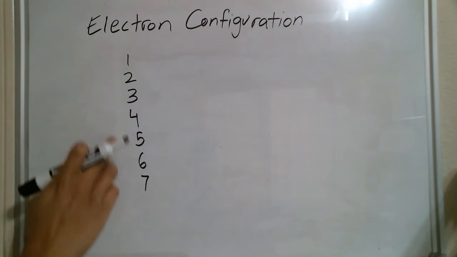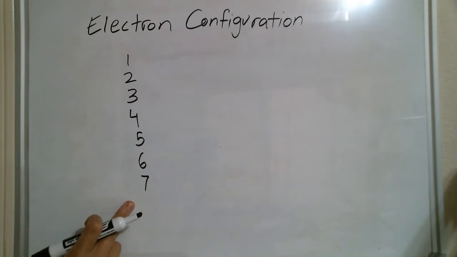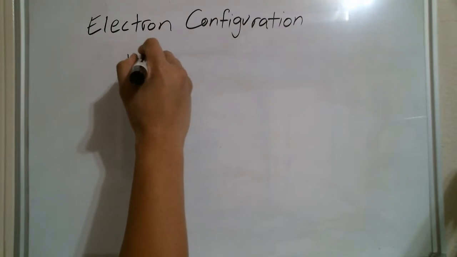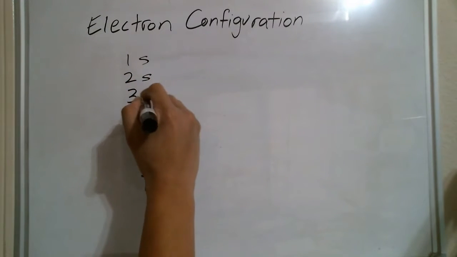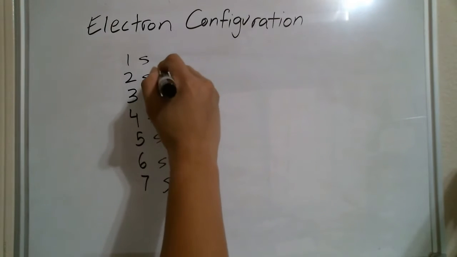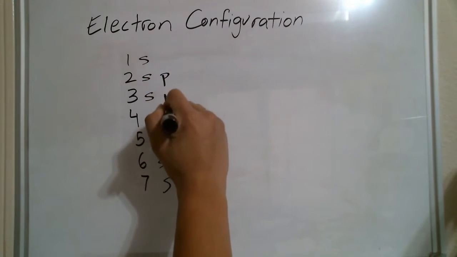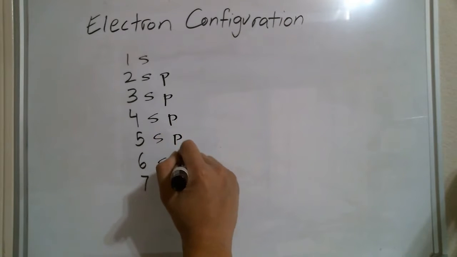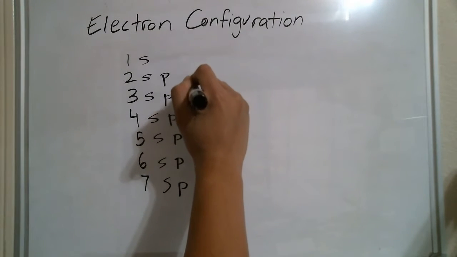These numbers here are the energy levels, and you'll just write out the letters of the sublevels right next to them, just like this.